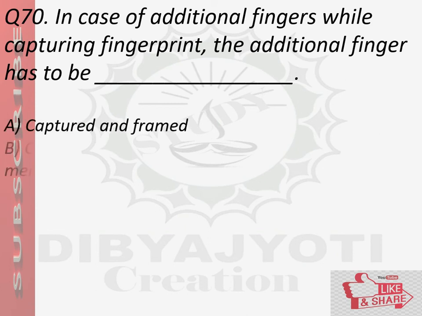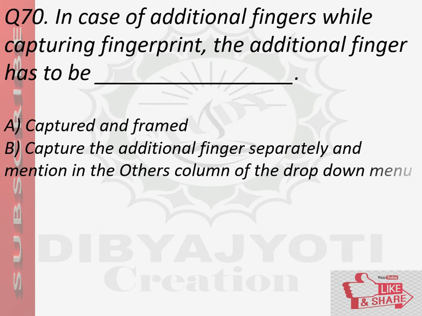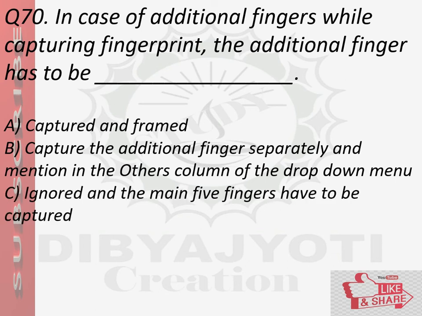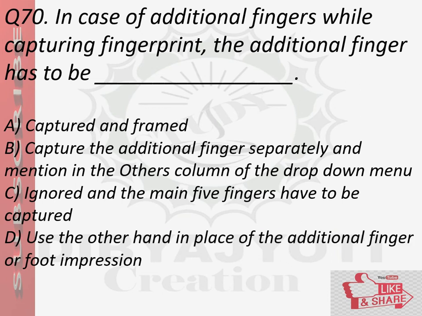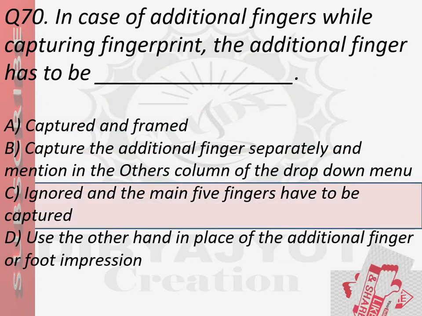Option A, captured and framed, capture the additional finger separately and mention in the others column of the drop down menu; option C, ignore and the main 5 fingers have to be captured; option D, use the other hand in place of the additional fingers or foot impression. And the answer is option C, ignore and the main 5 fingers have to be captured.